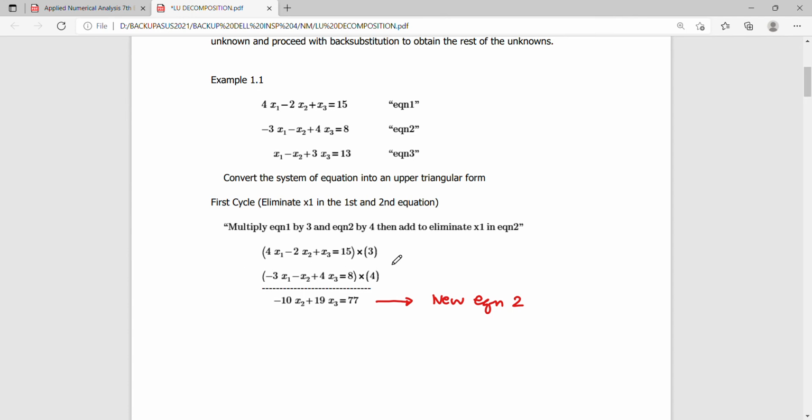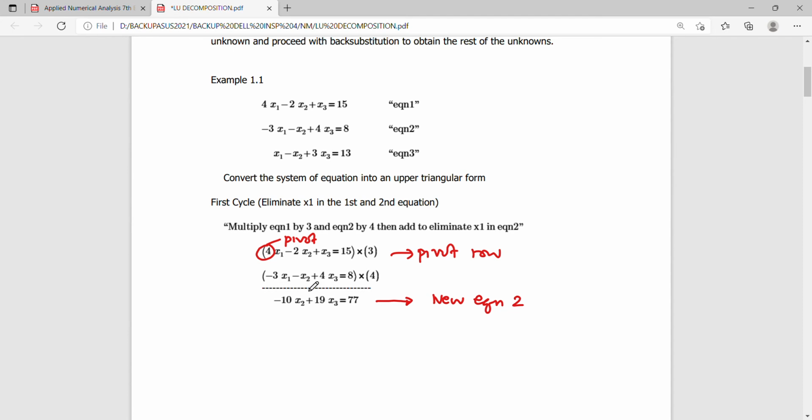You call this now, because this 4 here is actually your pivot, and the pivot here will be multiplied to the row in question.